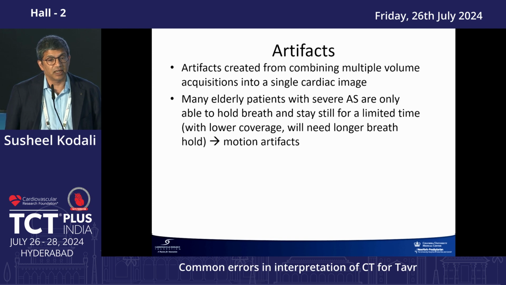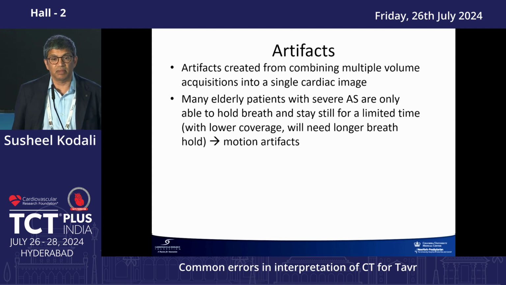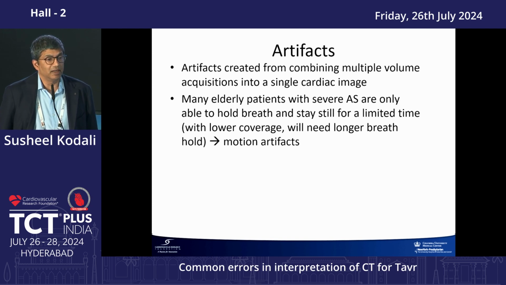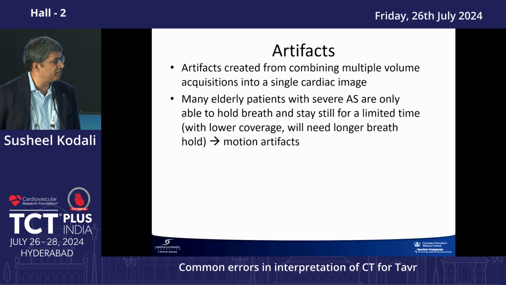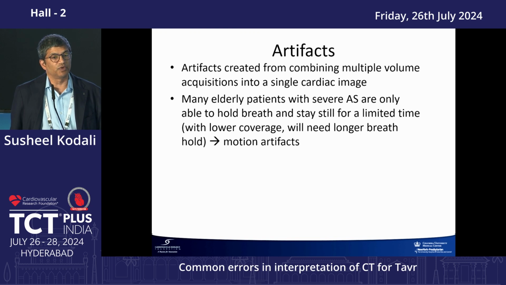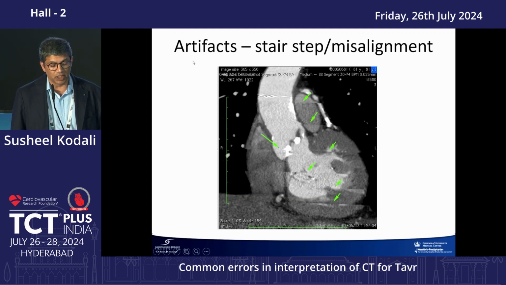In addition, there are a lot of other artifacts. It depends on the type of scanner, and that's fairly less common now. I see a lot of places here in India with the 640 slice scanner, or 320. This was more of an issue back when the 64 slice scanners were the norm. When you're using 64 slice scanners, you're combining multiple volumes, and then the breath holds are an important component as well.